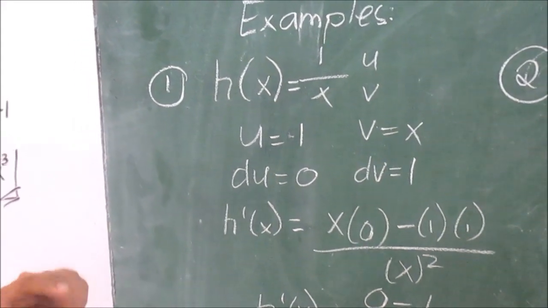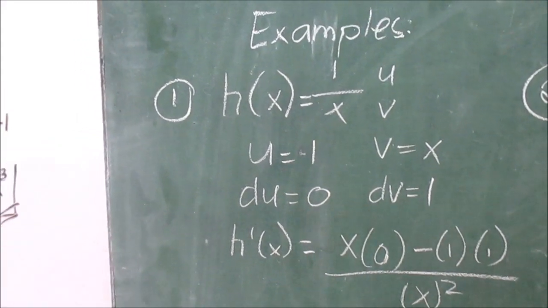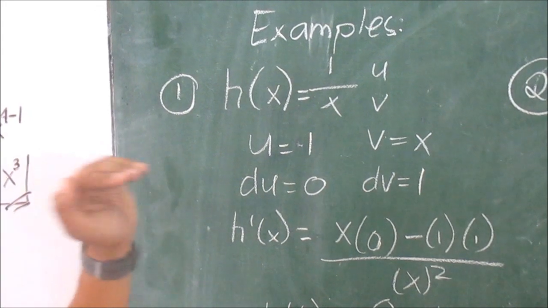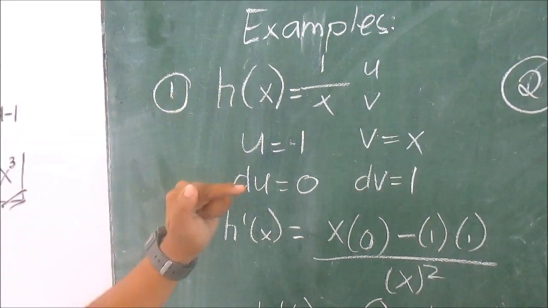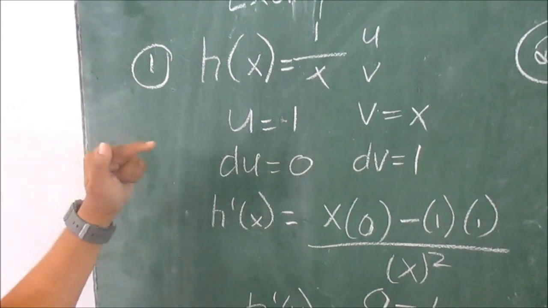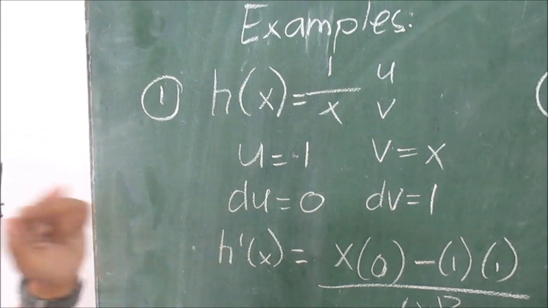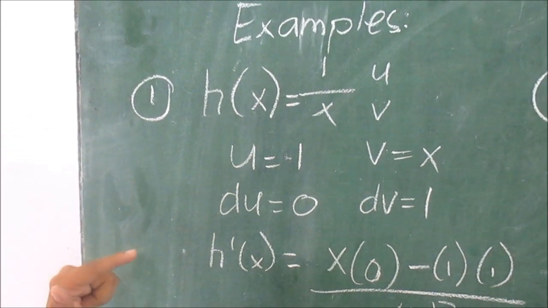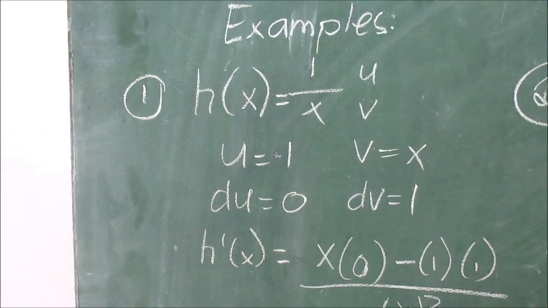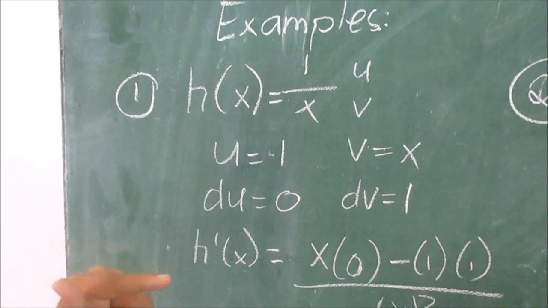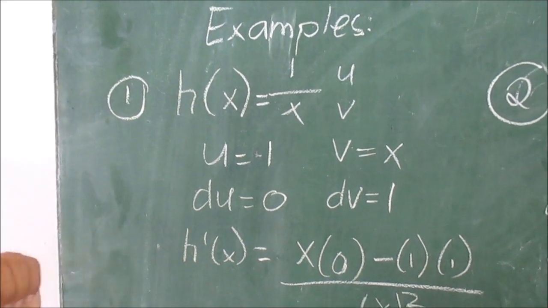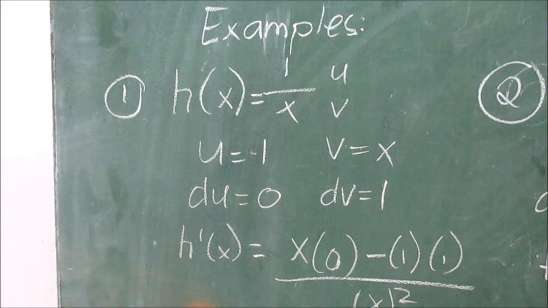H of x is equals to 1 over x. First, we must get the derivatives of u and v. So u is equals to 1 and the derivative of u is equals to 0. And v is equals to x and its derivative is equals to 1.